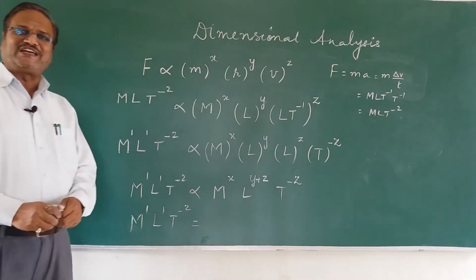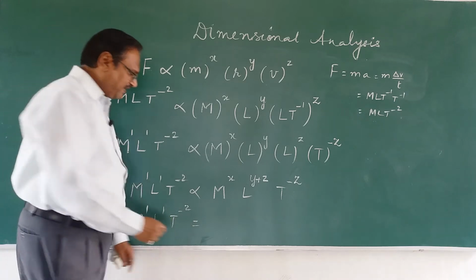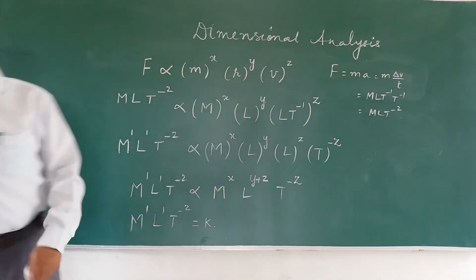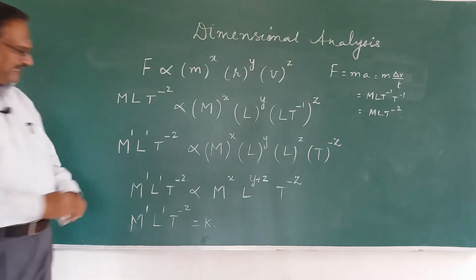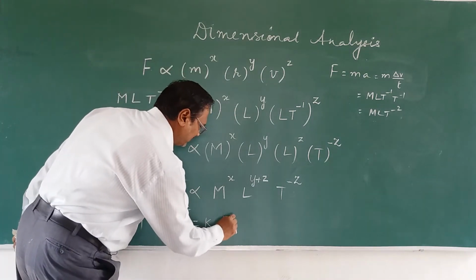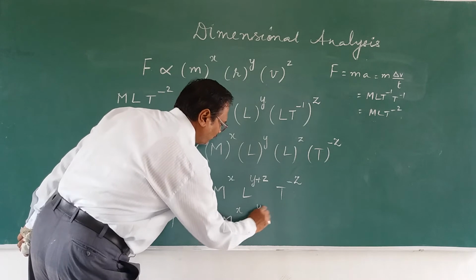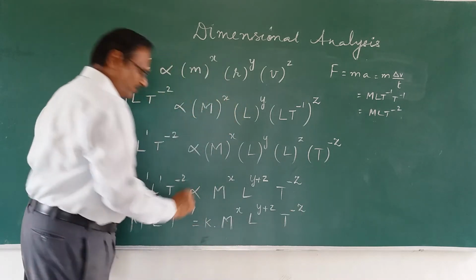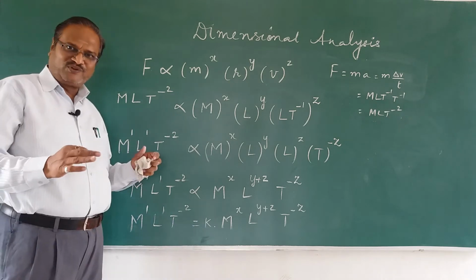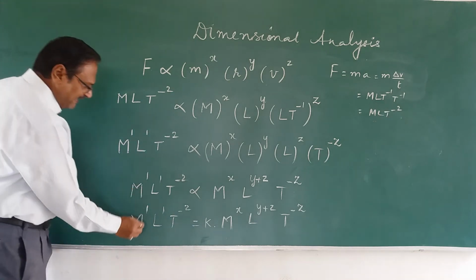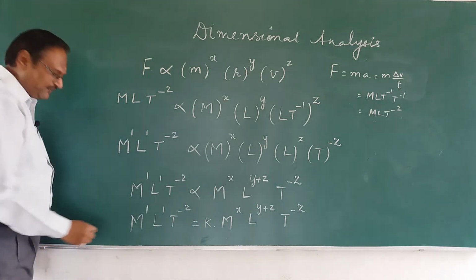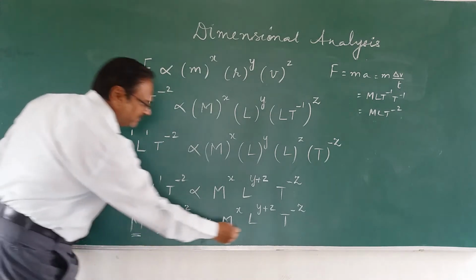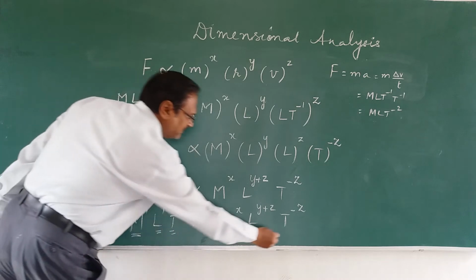I wanted to remove the proportionality, so I bring in a constant k into M power x, L power y plus z, T power minus z. I brought a k. Now I am going to compare the LHS with the RHS, the power of M with the power of M, and that of L with L, and T with T.